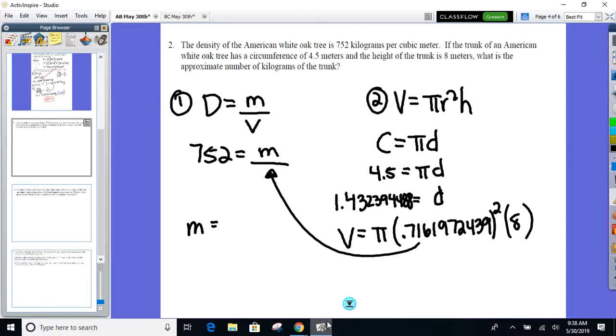Nearest kilogram. I'll just go nearest kilogram. That's fine. But yes, that's what it would have come out to be.